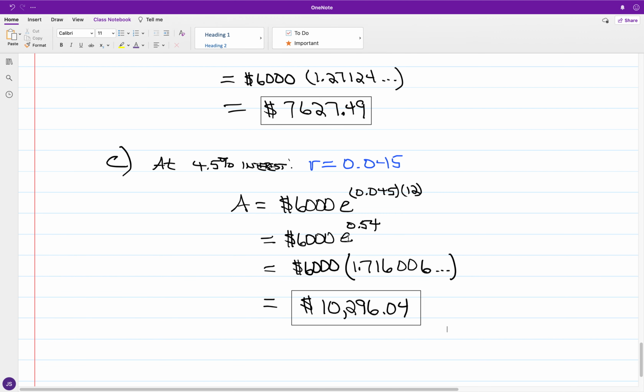You have $10,000 that is borrowed, and we're looking at how much difference there's going to be interest-wise between the simple interest plan and the compounding of interest.